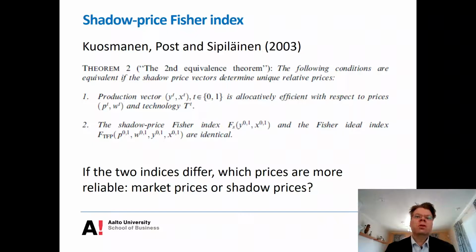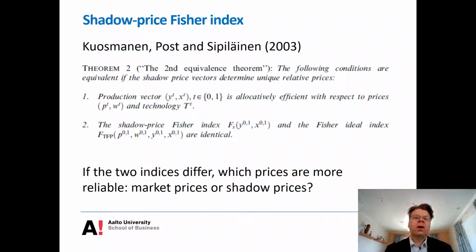I want to remind at this point also this Solow model that we considered in the previous lesson. So remember that Solow started by deriving his equation from the production function, and these weights W were output elasticities of labor and capital, respectively. So in that sense, Solow starts implicitly from the shadow prices and then uses the observed market prices as the proxy for those. So he assumes that this price information matches with the shadow prices rather than the other way around.